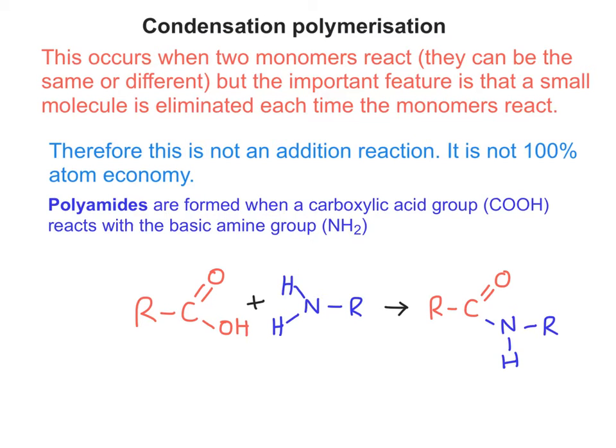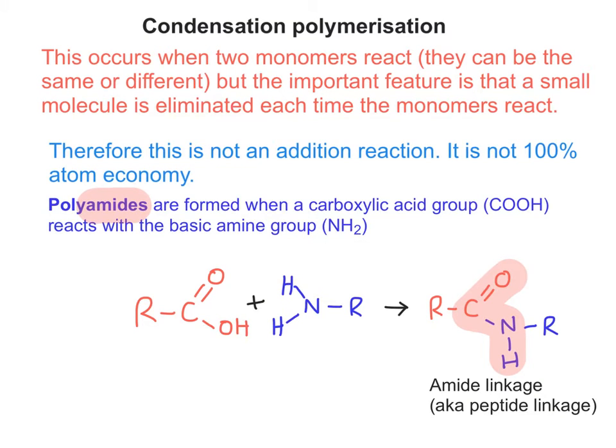The reason they're called polyamides is you get something called the amide linkage. And your amide linkage is this, the C double bond O with an N attached to the carbon and an H attached to that nitrogen.